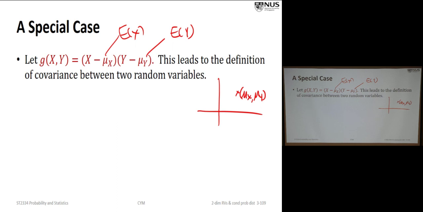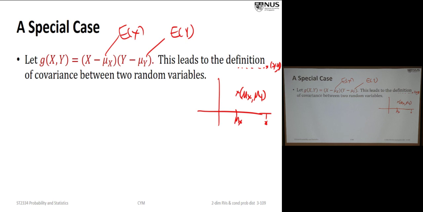And this is my particular point x, y. Let's look at the difference between x and mu x. This is the x coordinate and this is the mu x coordinate. So look at the difference of this.